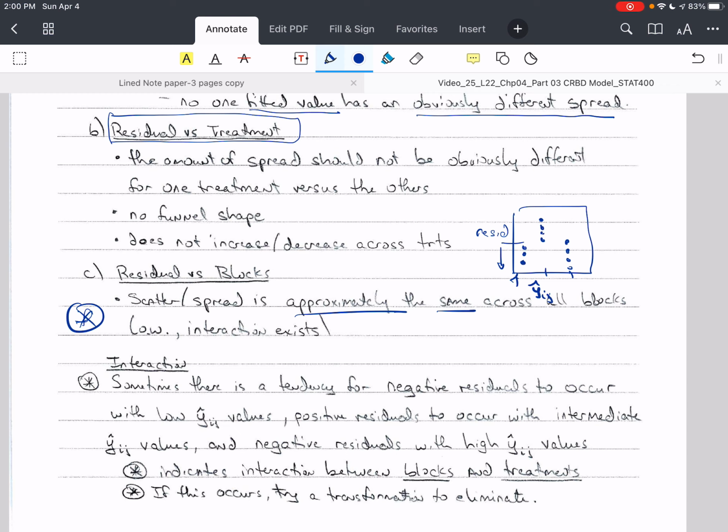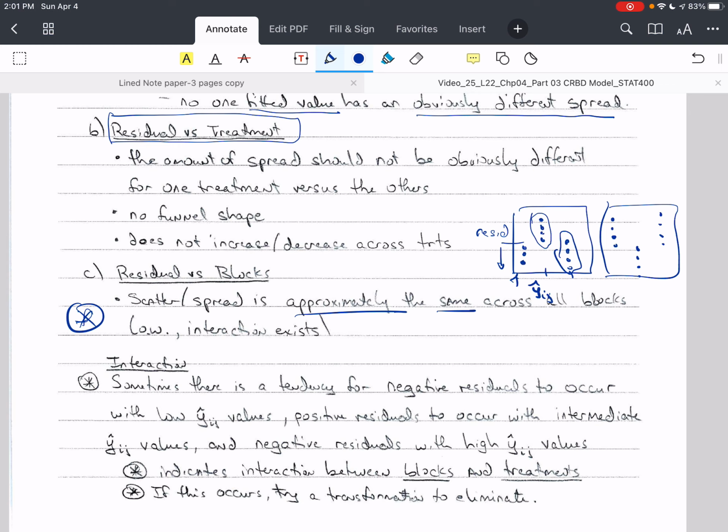For intermediate values, we'd have positive, and then for high values of Yij hat, we'd have negative values of residuals. Of course, you could have it in reverse too. This is just one example. You could have it like this, and then like this, and then like this, and again, there would be interaction between the blocks and the treatments.